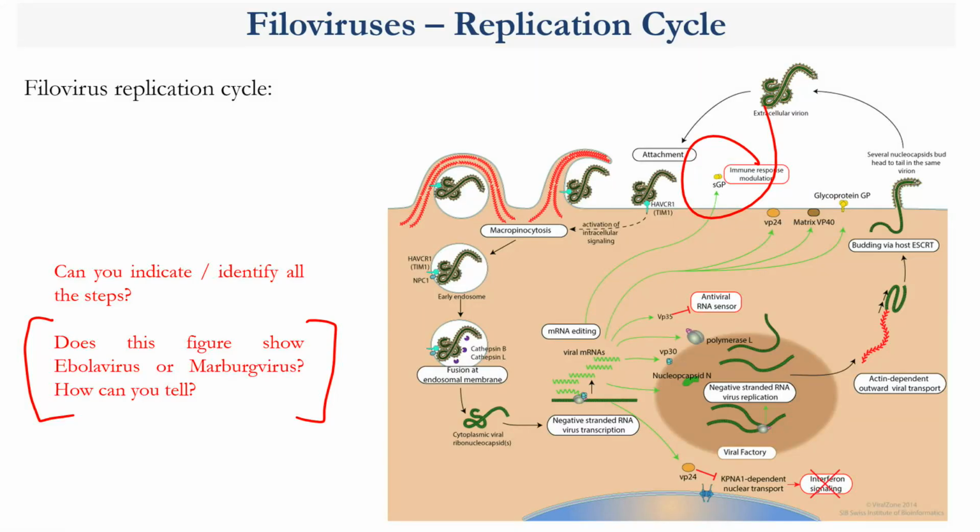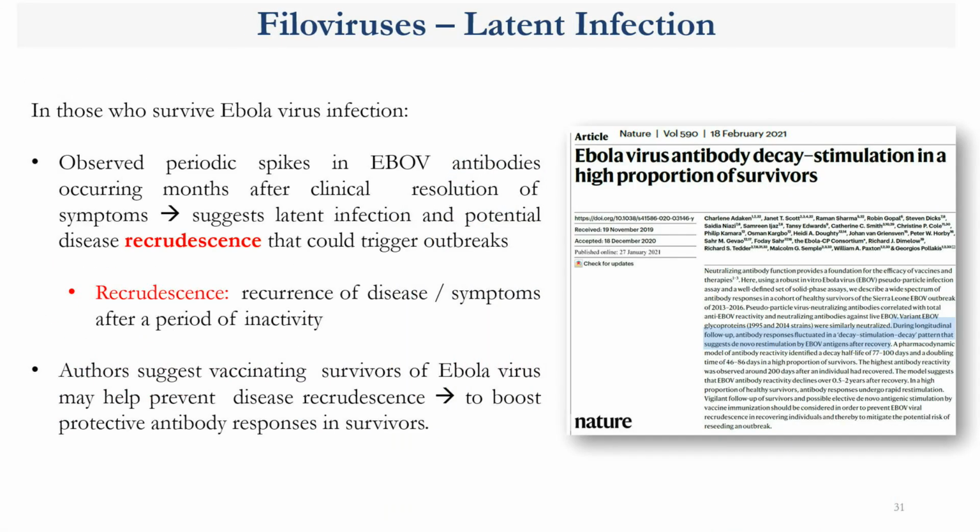Now, one thing to add here is that Ebola viruses do tend to form latent infections. Those who do survive the infection show periodic spikes in Ebola virus antibodies even months after their disease has been resolved.